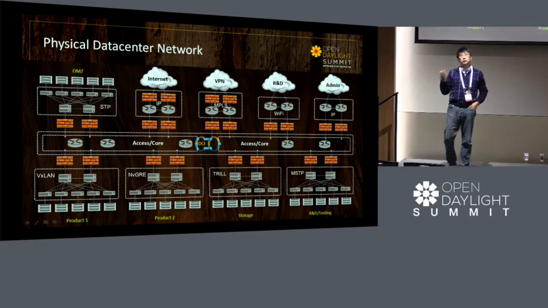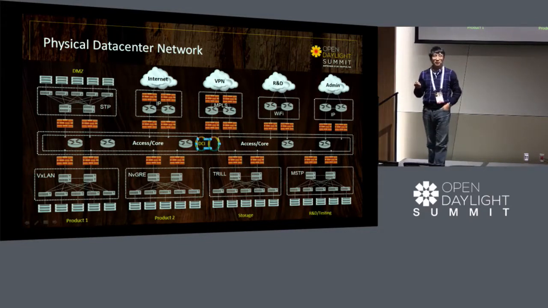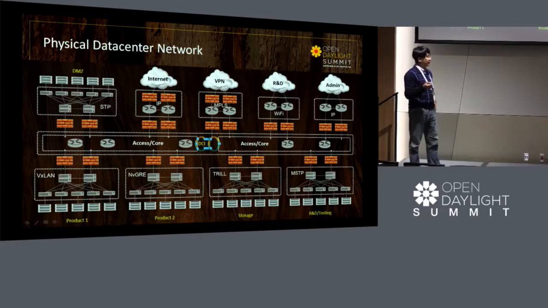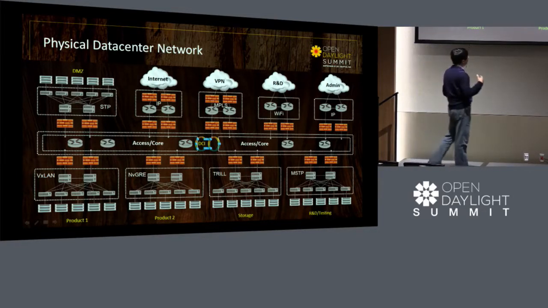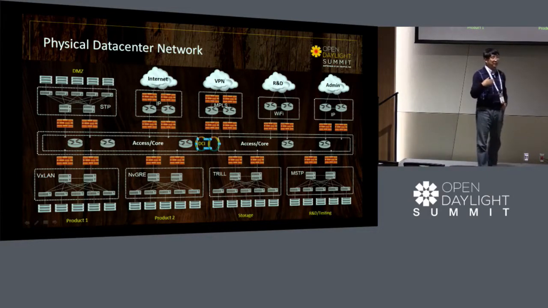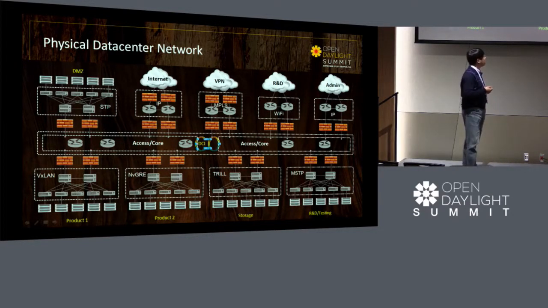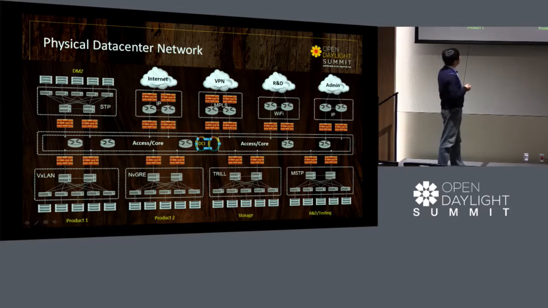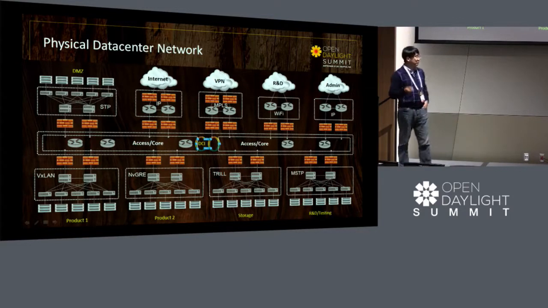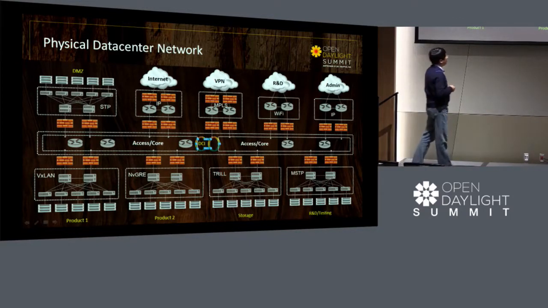And because of historical reasons, they use different technologies. For example, in the beginning they used MSTP. Then later they used Fabric Path, then they used TRILL, MEGRE, VXLAN. And every time, they build one port, one by one.